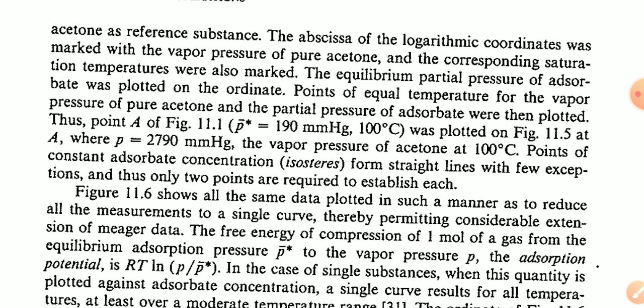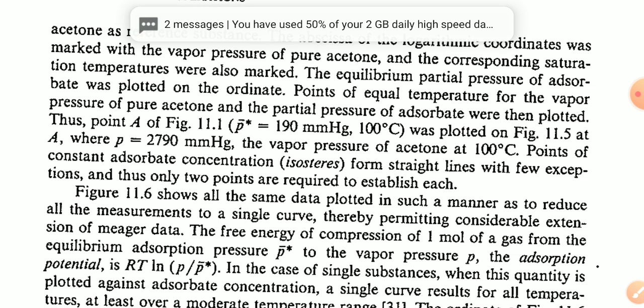The abscissa of the logarithmic coordinate was marked with the vapor pressure of the pure acetone, and the corresponding saturation temperatures were also marked. The equilibrium partial pressure of the adsorbate was plotted on the ordinate, with points of equal temperature for the vapor pressure also.